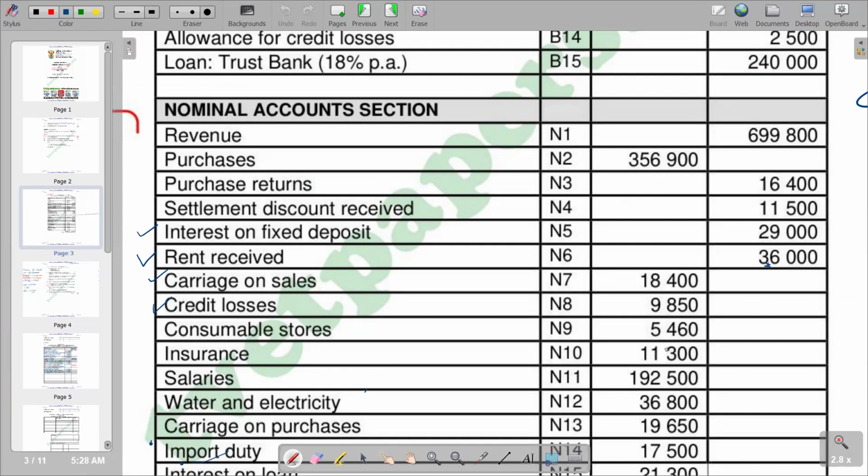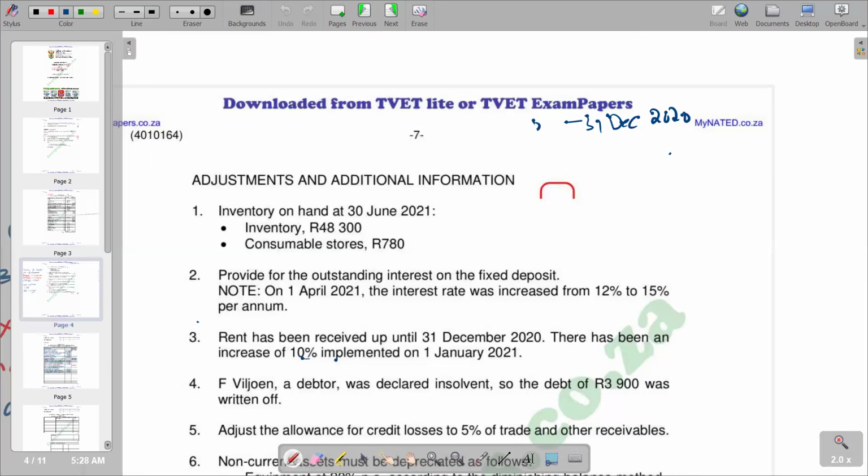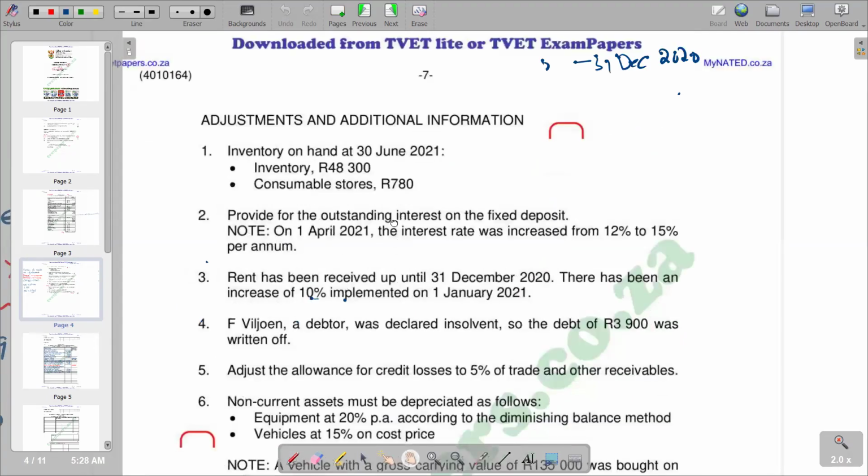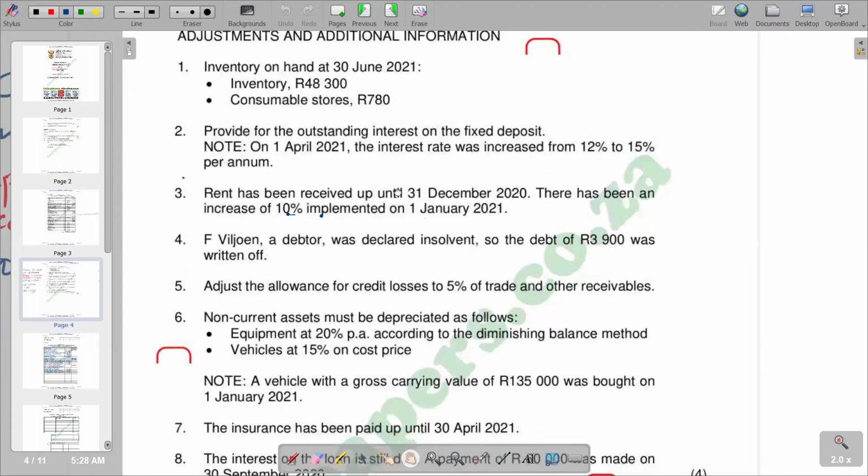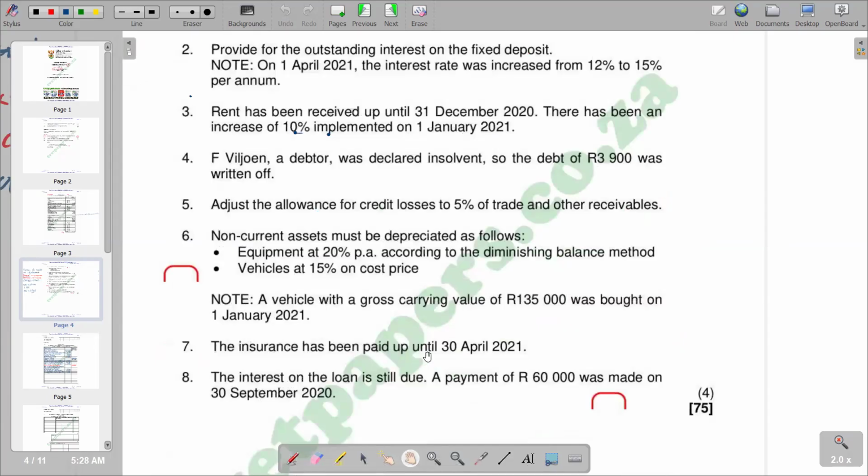So for insurance, again, we check if you've got any adjustment. We go information by information, checking for insurance. We've got that insurance has been paid up until 30 April 2021. So what does it mean?